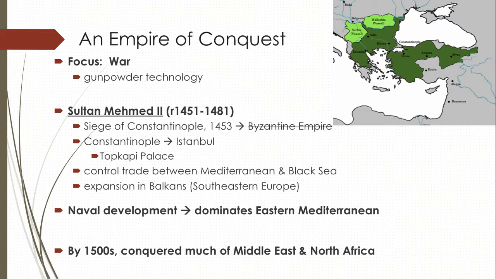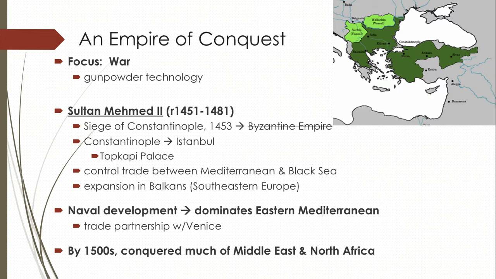Because they have a foothold on the Mediterranean, they begin developing a large navy that's going to dominate most of the eastern Mediterranean and even threatens Italy. As a result of that, Venice, as a city-state, enters into a trade partnership in a way because they kind of were bullied by the Ottoman Empire, but they also gained major benefits from that trade relationship with the Ottomans, as we'll see soon.